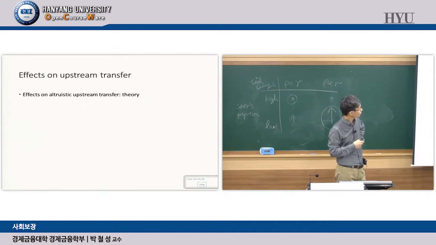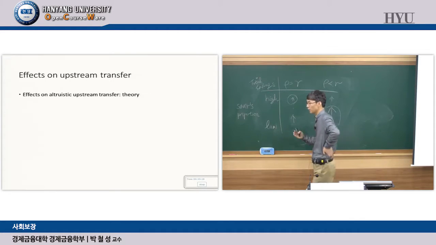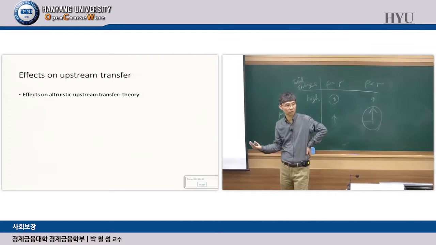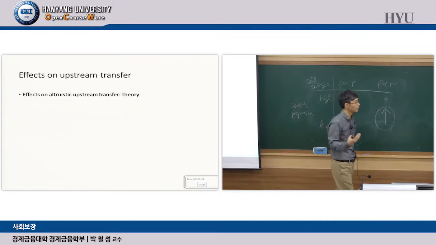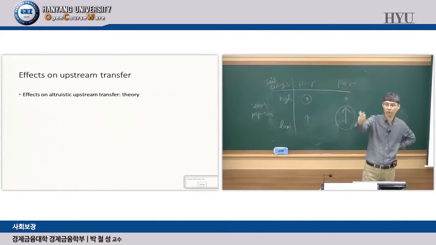Now, what we are thinking about is altruistic upstream transfer. What do we mean by altruistic? Altruism means caring for others. An altruistic person is a person who cares for others.